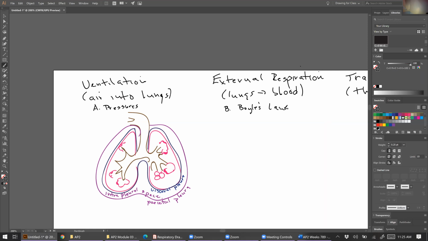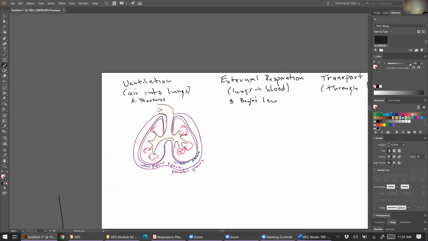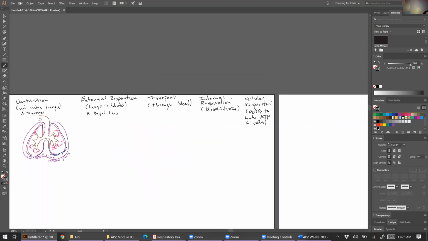Sorry, I know when I draw, it gets frustrating because you want to know how to lay things out. I might move this one over a little bit. And then we'll talk about something called Ohm's law. Another reason I like respiratory is because it uses some physics, and the physics really simplifies things.